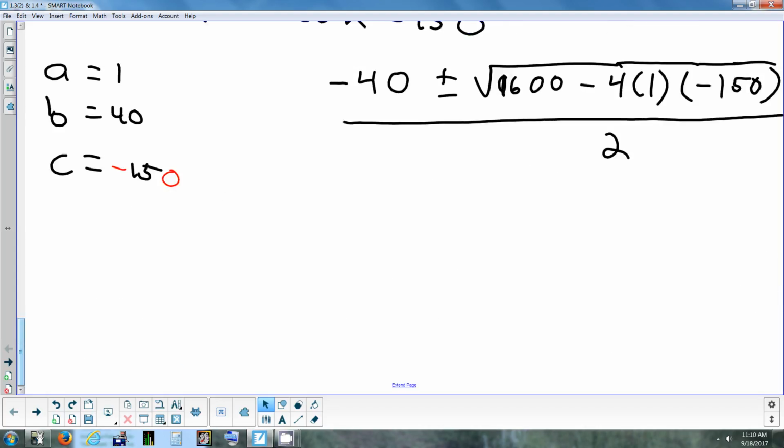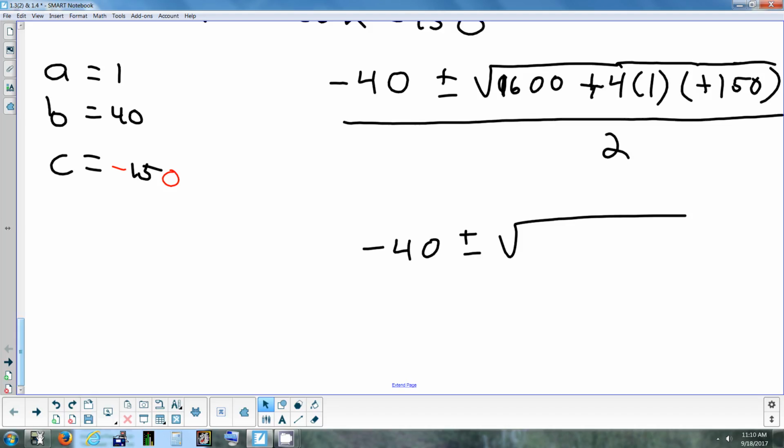Okay. First thing I'm going to do is, I see that I'm subtracting a negative. So I'm just going to cross out the negatives and make them positives. Okay, now I've got negative 40 plus or minus.